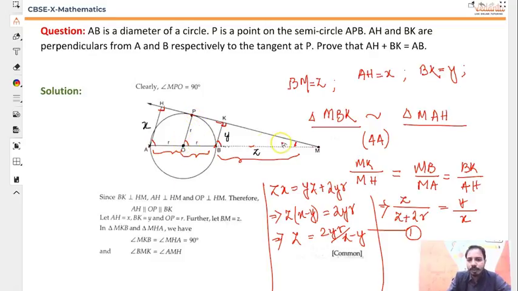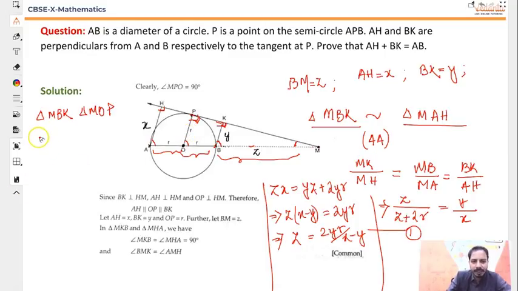Similarly, in triangle MBK and triangle MOP, I have taken these two triangles. This is 90, this is 90, and this angle is common. So again, these two are similar triangles.